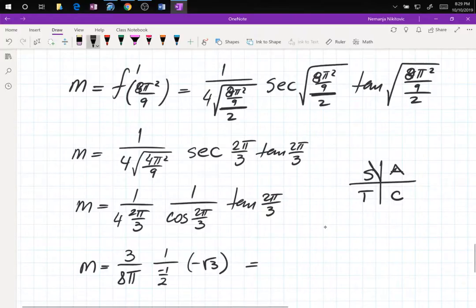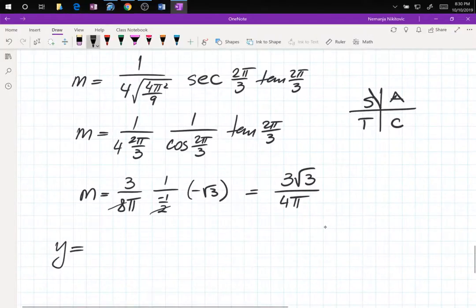This is perfect. Negative will kill negative. 8 and 2 will cancel. So I have 3 root 3 divided by 4 pi. There we go. We got it. I'm sweating. That's the slope. This is a good Thanksgiving problem. Kills a lot of time.